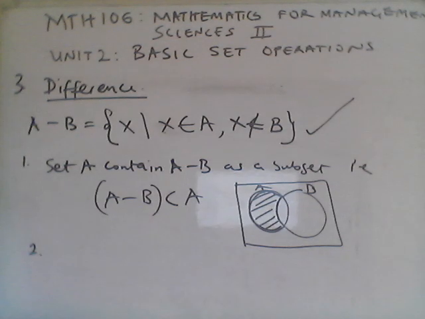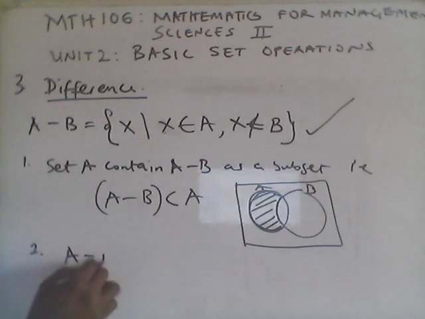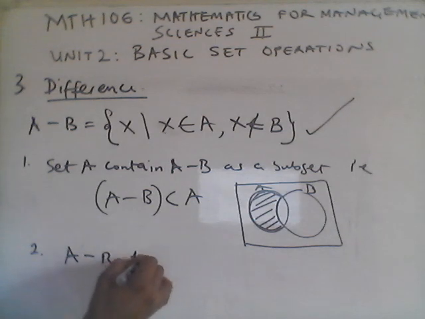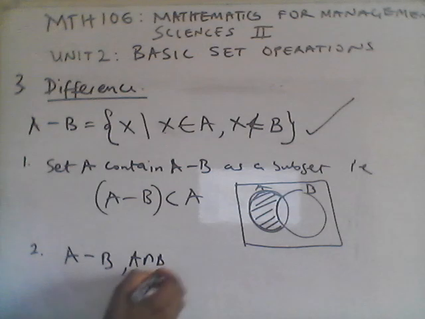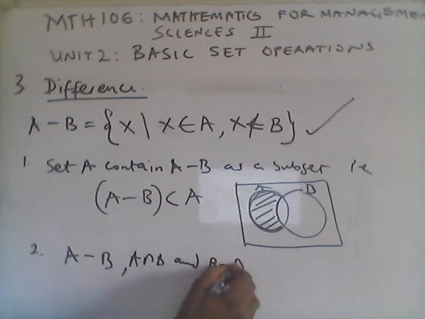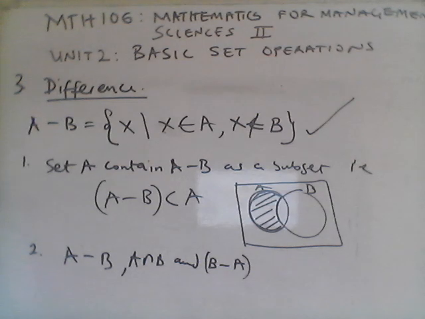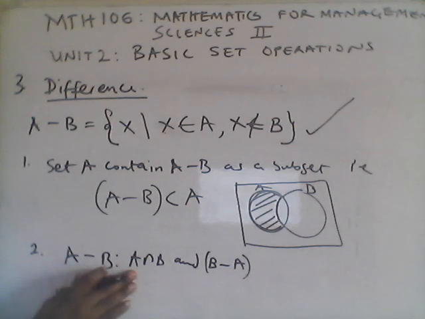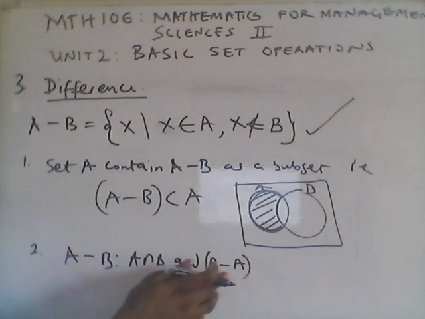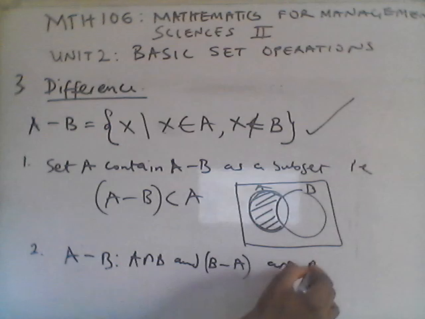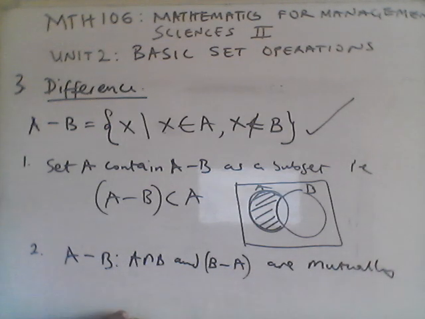The second remark is that A difference B, A intersect B, and B difference A are mutually disjoint sets.